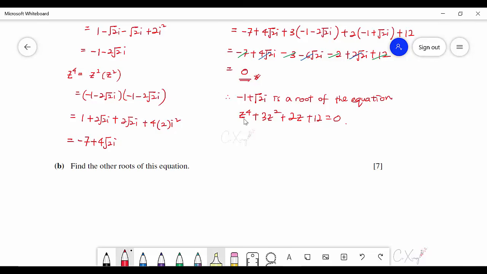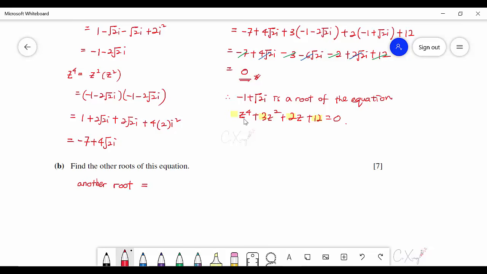Now if you double check the coefficient of every single term here, in front of z power 4 is a 1, in front of z power 2 is a 3, in front of z is a 2 and then 12. So all these coefficients are real numbers. When you have real numbers in the polynomial, you should know that the roots come in conjugate pairs.